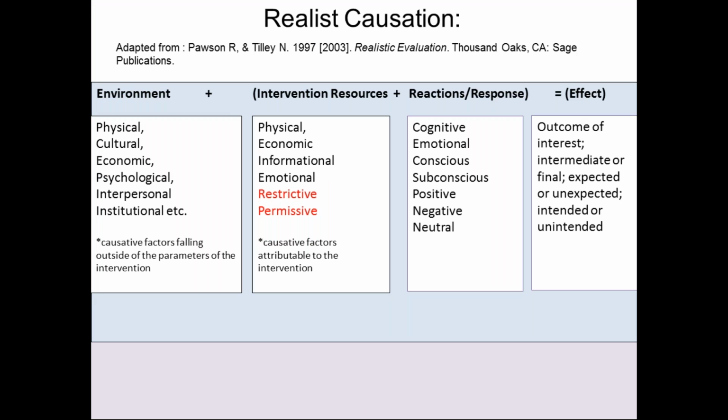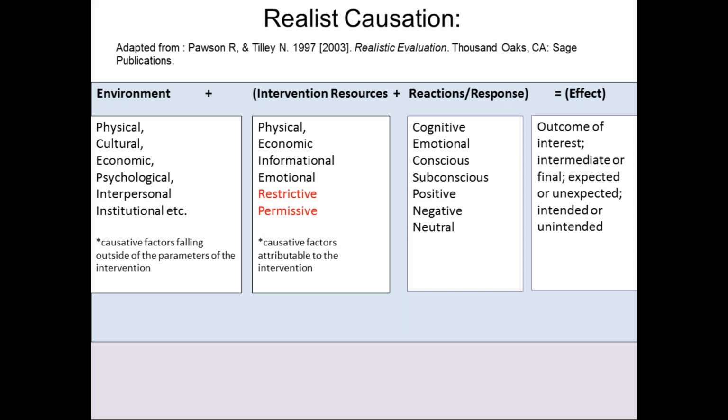In this slide, this is where I do break down intervention resources and reactions. Basically I'm reiterating the last slide, but going into a bit more detail. You could think of context as the environment. We're talking about the physical environment, anything materially present that has an impact: physical structures, buildings, places that house interventions. Cultural aspects, and that can translate into what is important to people, what people value.